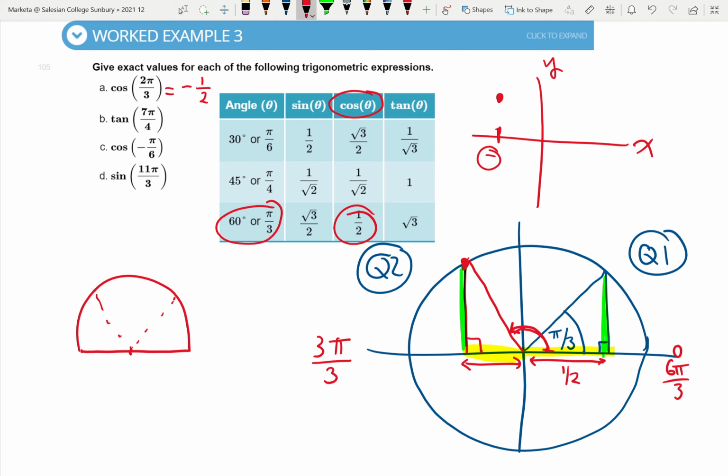Step 3 would be to decide the size of the angle and also the length of the line, the cos or sine, or tan for that matter, and then decide whether it's positive or negative. So look, let's go for the next one, and I'll do it on the same unit circle, I think.